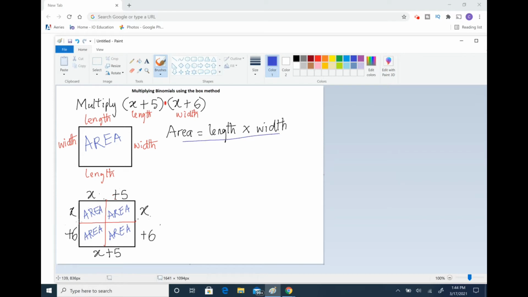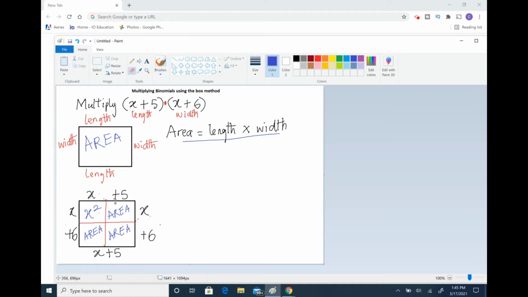It's x times x, which gives you x squared. So this area here is x squared, from x times x.